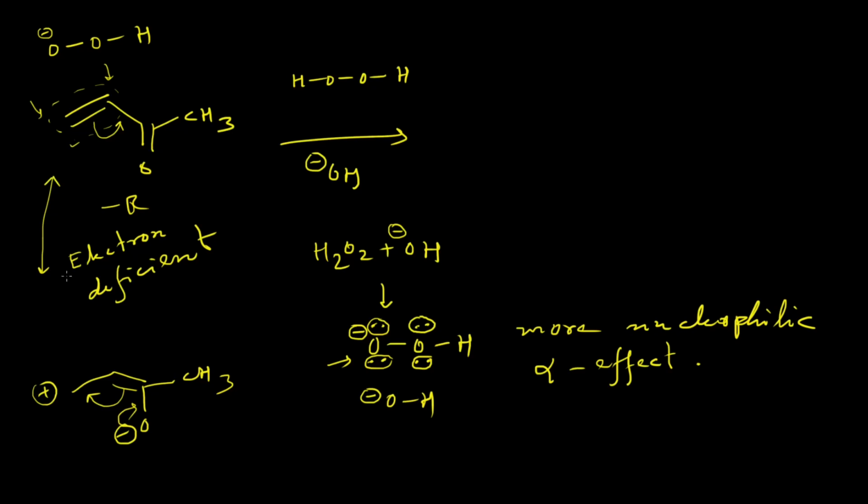So you can see there is essentially a delta plus character on this carbon center and a delta minus character on this oxygen center. So the electron deficiency of this carbon will be much higher than that of this carbon. So the O minus of the peroxide anion will attack this carbon center, and the pi bond will break, and it will be stabilized by the electron withdrawing effect of this carbonyl group. So this intermediate will form after the first step.